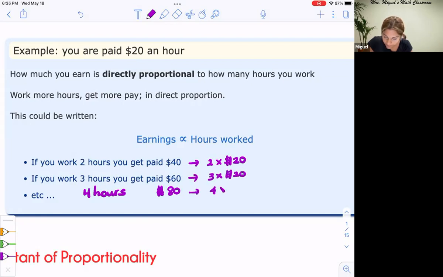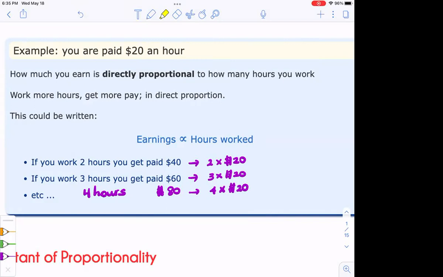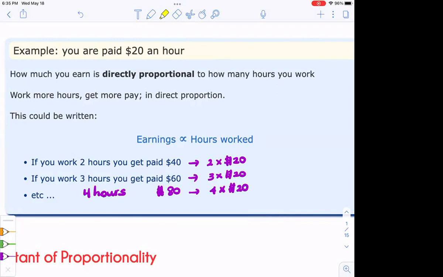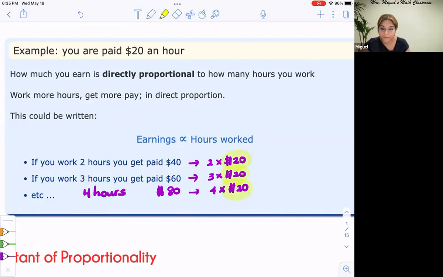For 4 hours, it's 4 by 20. Are you all seeing a pattern there? What number stays the same in each of the following? 20. $20 stays the same. Do you all see that?